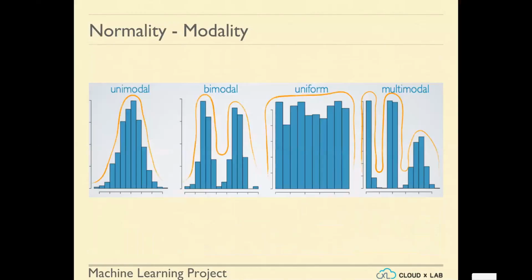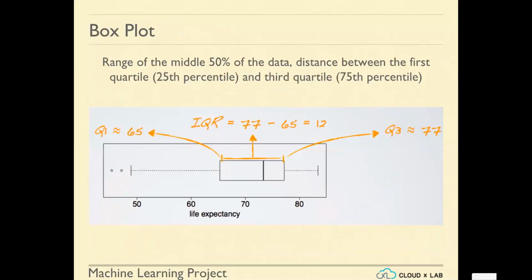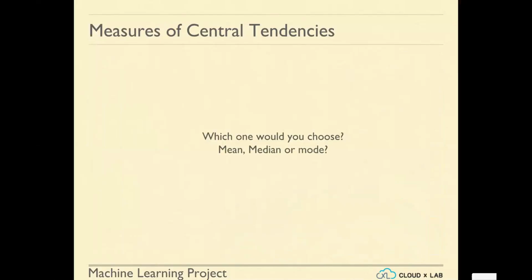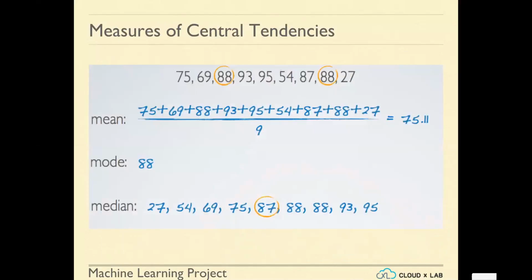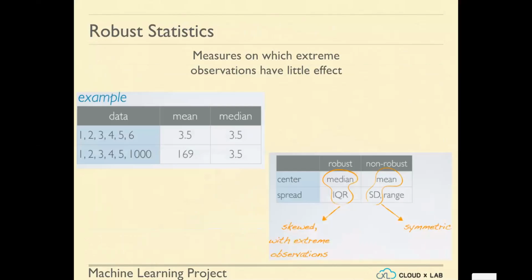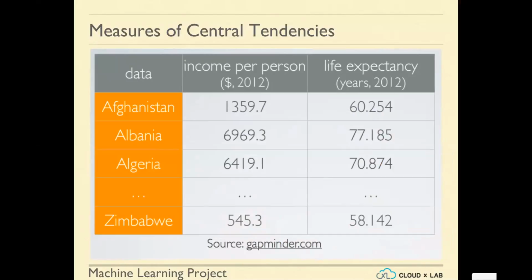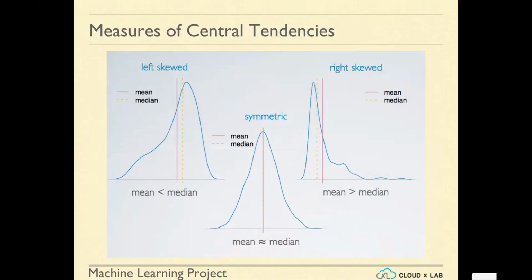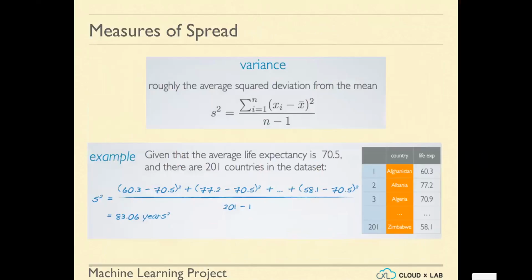We understood the histograms, the modalities, the box plots, and what is meant by center. Then we learned that median is a better central tendency than the mean. Then we measured the spread.